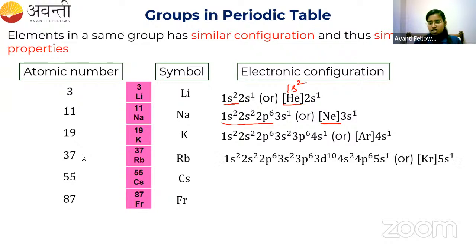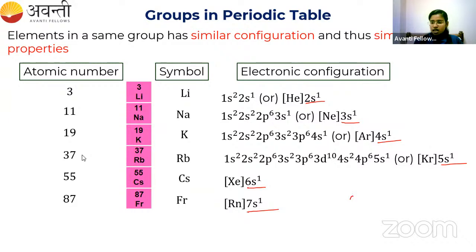For rubidium, it is krypton 5s1. For cesium, it is xenon 6s1. For francium, it is radon 7s1. In all these cases, if you observe, the outer electronic configuration is 2s1, 3s1, 4s1, 5s1, 6s1, and 7s1.